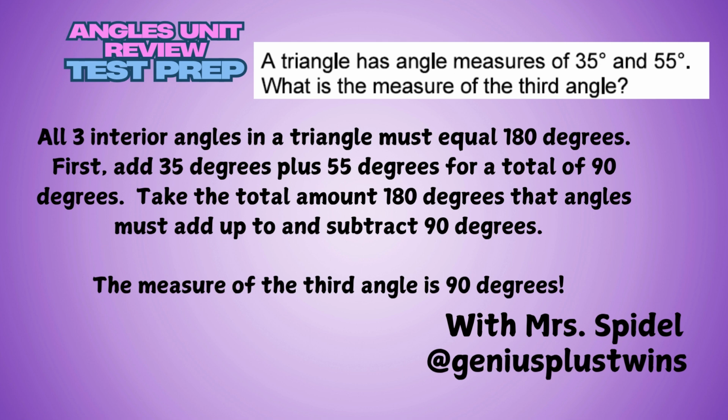Then I need to subtract those 90 degrees from 180 degrees, because I know in triangles, all 3 interior angles must add up to exactly 180 degrees. When I find the difference, I discover 180 subtract 90 is 90. So the measure of the 3rd angle is 90 degrees.